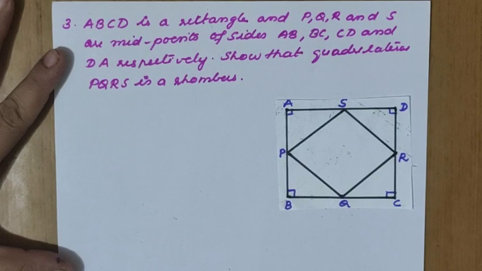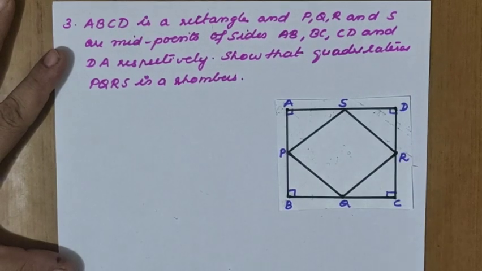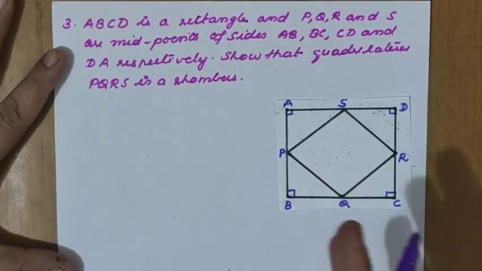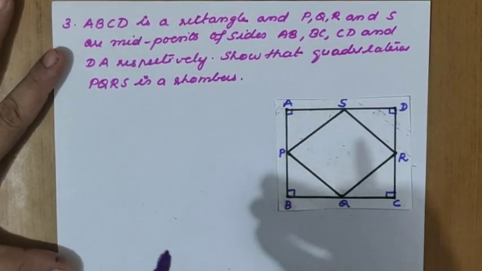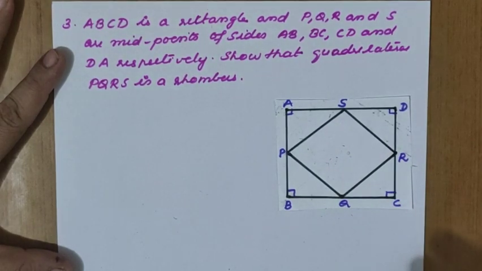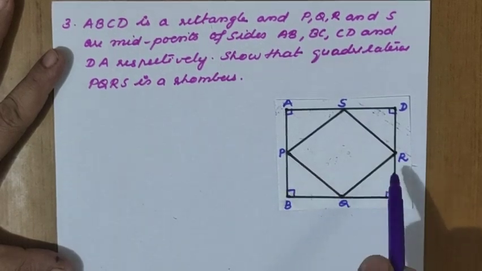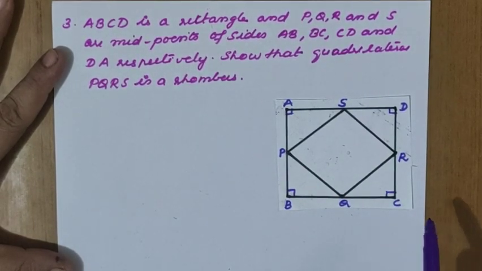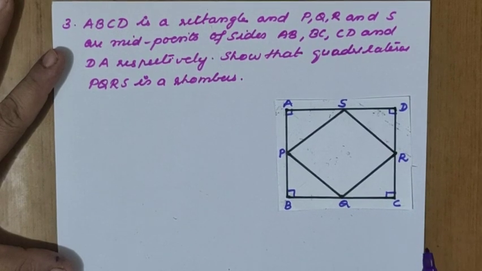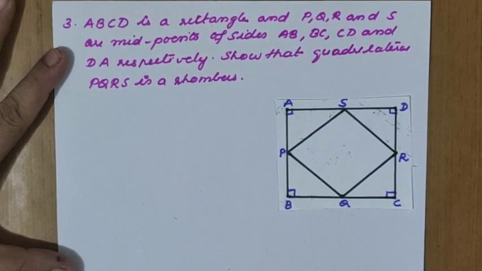The definition of a rhombus is a parallelogram in which all four sides are equal. So parallelogram proving is easy because you already learned in question number 1 and question number 2, by joining one of the diagonals and using midpoint theorem we can easily prove that PQRS is a parallelogram. What is the next step? We have to prove that adjacent sides are also equal. Let us see how to prove that one.